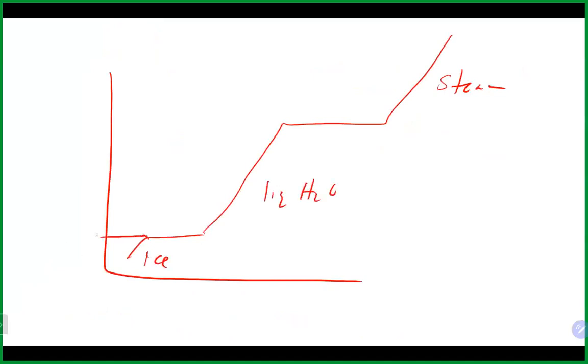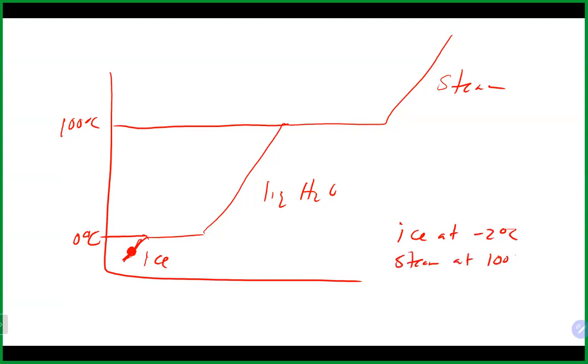And this would be 0 degrees Celsius. This would be 100 degrees Celsius. So let's say we started right about here, with ice at -2 degrees Celsius, and we wanted to take it to steam at 100 degrees Celsius. And we want to know pretty much all the heat that's required to do that.